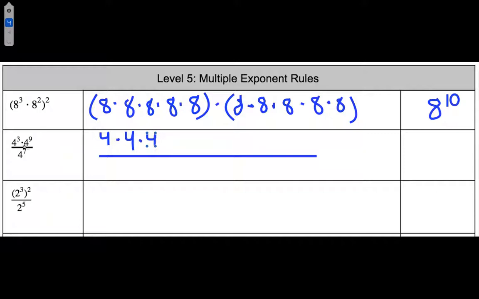And then I have that multiplication, and now I have 4 to the 9th power, so that's 9 more times. 1, 2, 3. Oh my gosh, this is going to take forever. 4, and 5, 6, 7, 8, 9. Fraction bar wasn't even long enough.